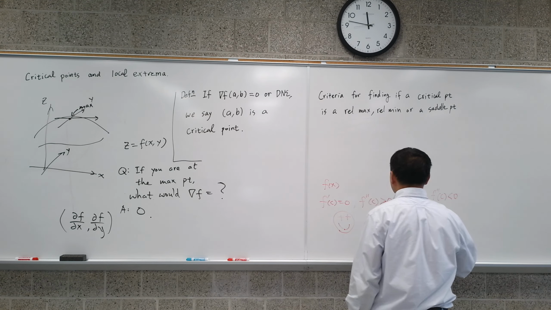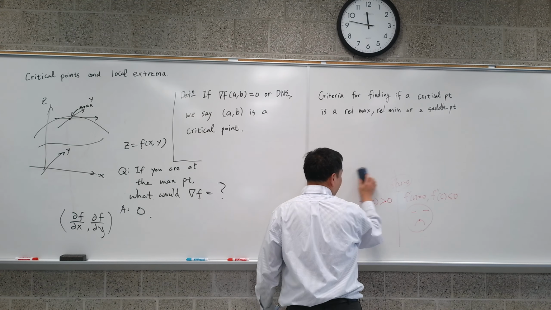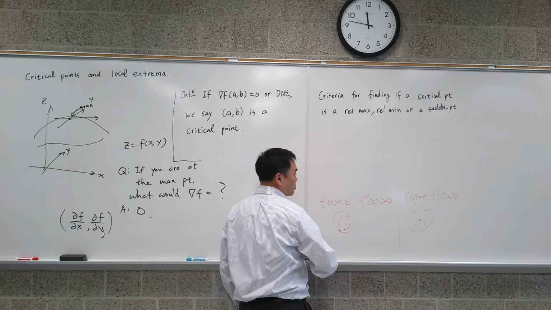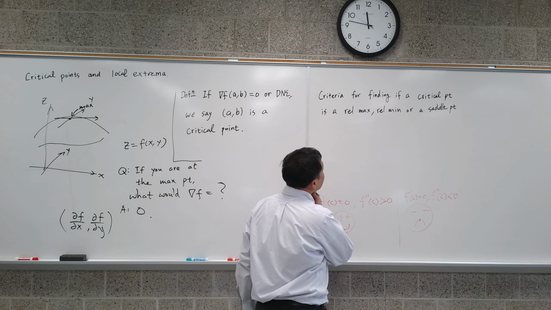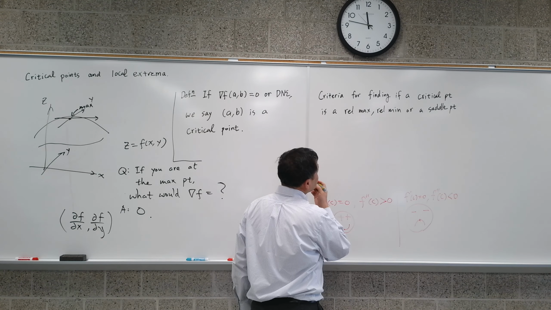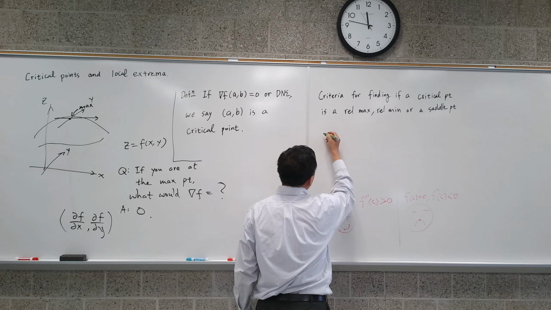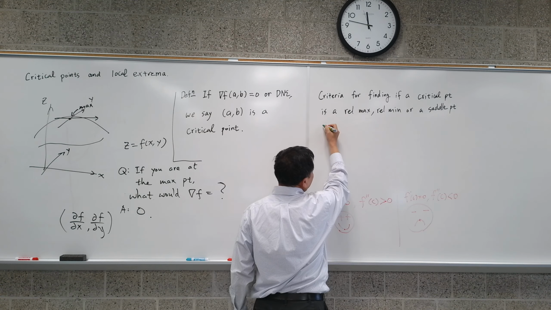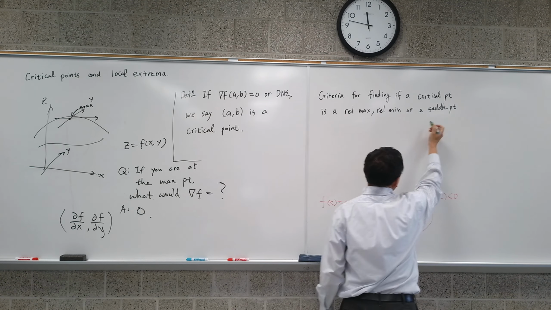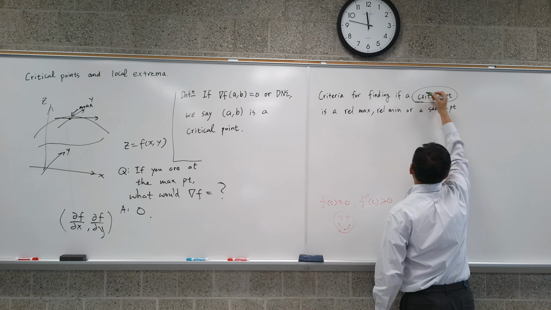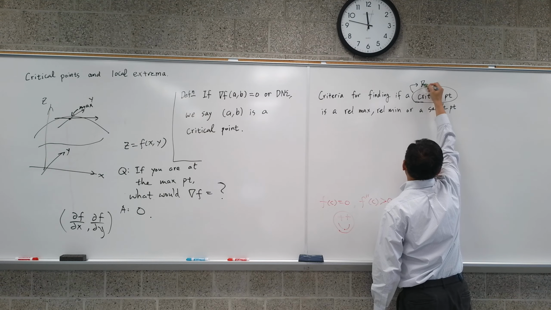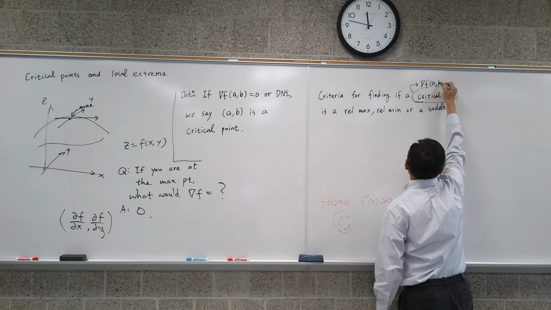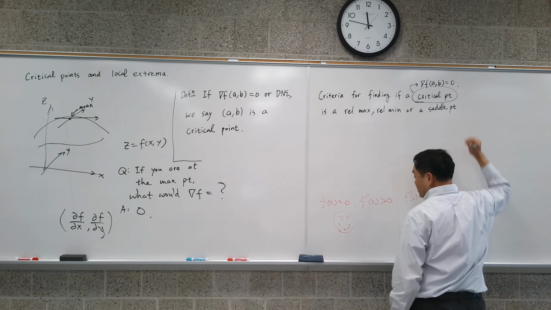Okay. So here's the criteria. It's somewhat similar to this one, so I'll leave this here. So what you do is first, being a critical point, we know that the gradient of f is 0. So let's say the gradient of f at (a, b) is 0.